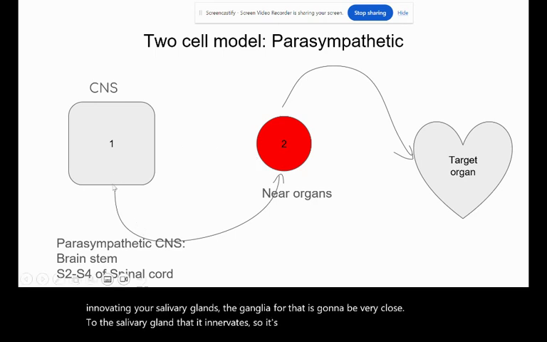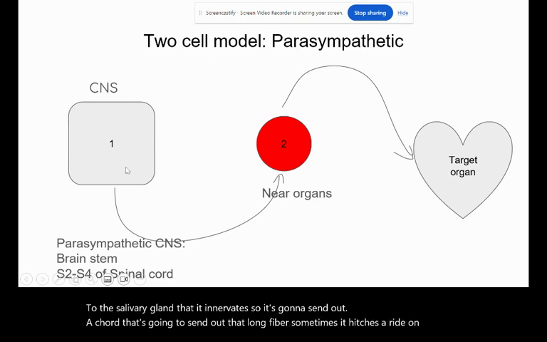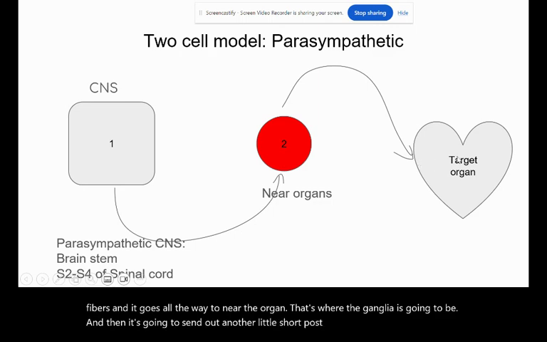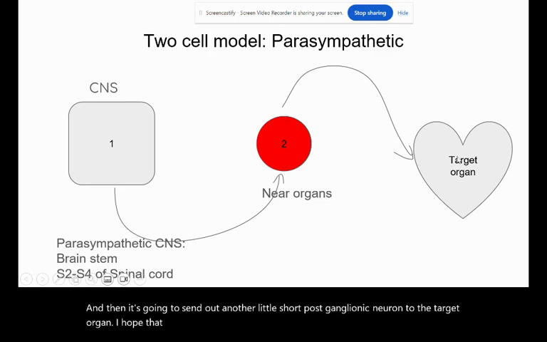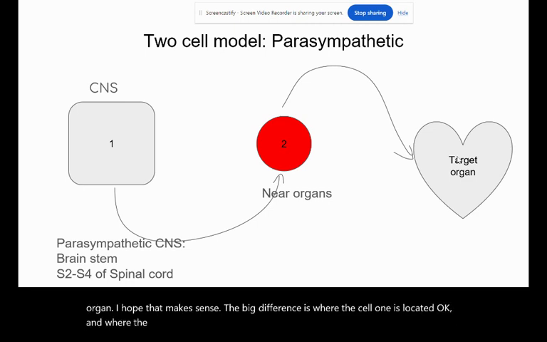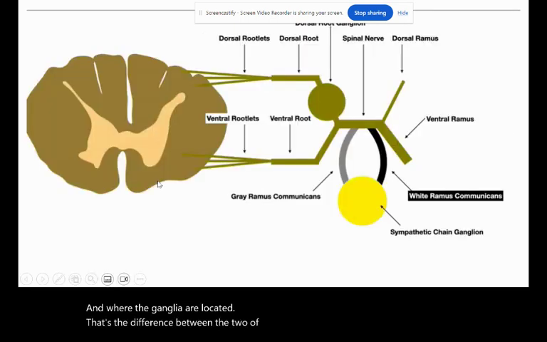So it's going to send out that long fiber. Sometimes it hitches a ride on other fibers, and it goes all the way to near the organ. That's where the ganglia is going to be. And then it's going to send out another little short postganglionic neuron to the target organ. I hope that makes sense. The big difference is where the cell 1 is located, okay, and where the ganglia are located. That's the difference between the two of them.